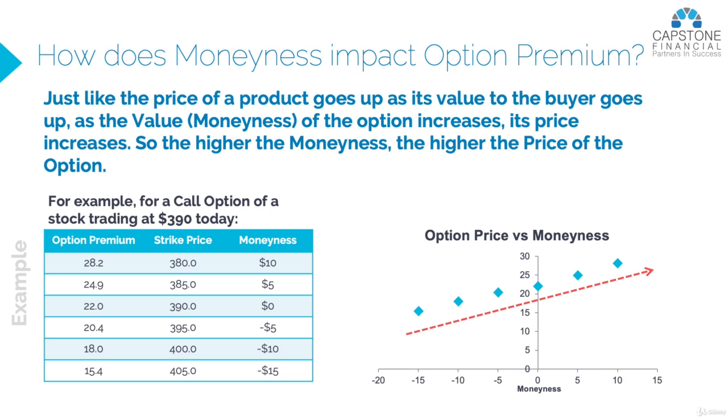One of the things I'd like for you to do is follow Apple options leading into earnings. And you will see that as we get closer to earnings for Apple, the implied volatility moves higher. And the option premium itself is really based on what the market thinks the actual stock is going to do percentage-wise.